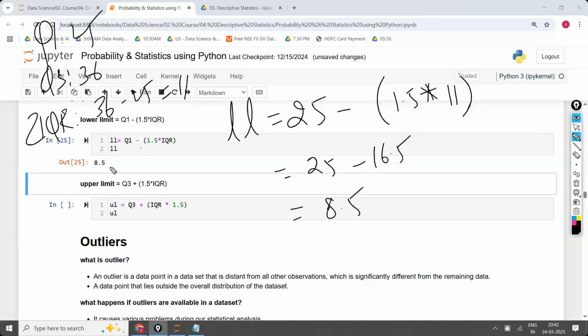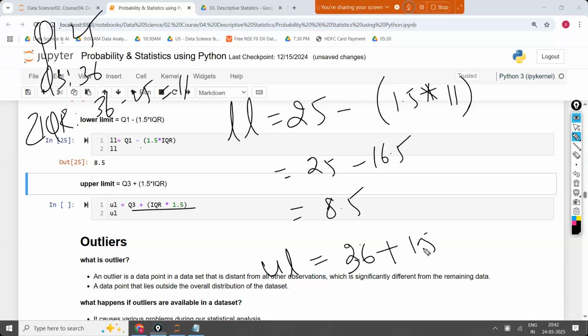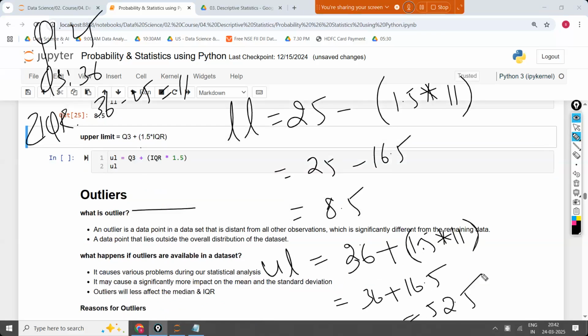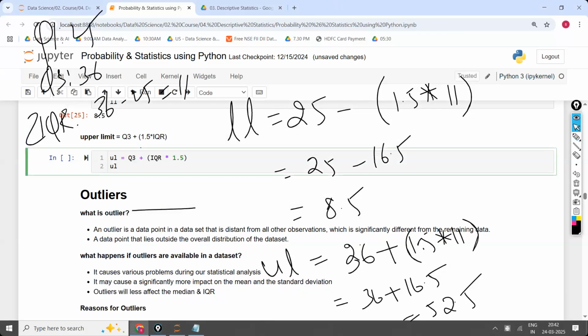Next, the upper limit is 36 plus 1.5 into IQR, that is 1.5 into 11. Q3 plus 1.5 into IQR is called the upper limit. Q1 minus 1.5 into IQR is called the lower limit. Now 36 plus 16.5 is equal to 52.5, which is the upper limit.